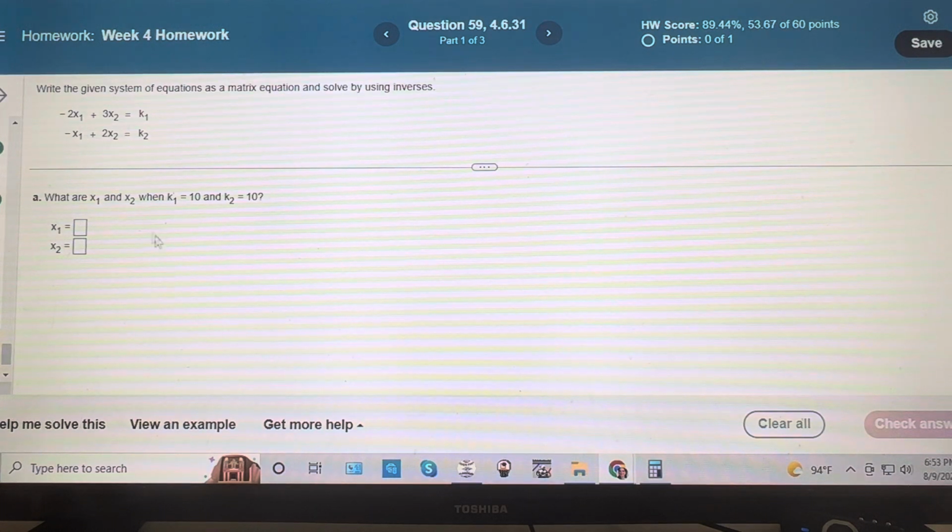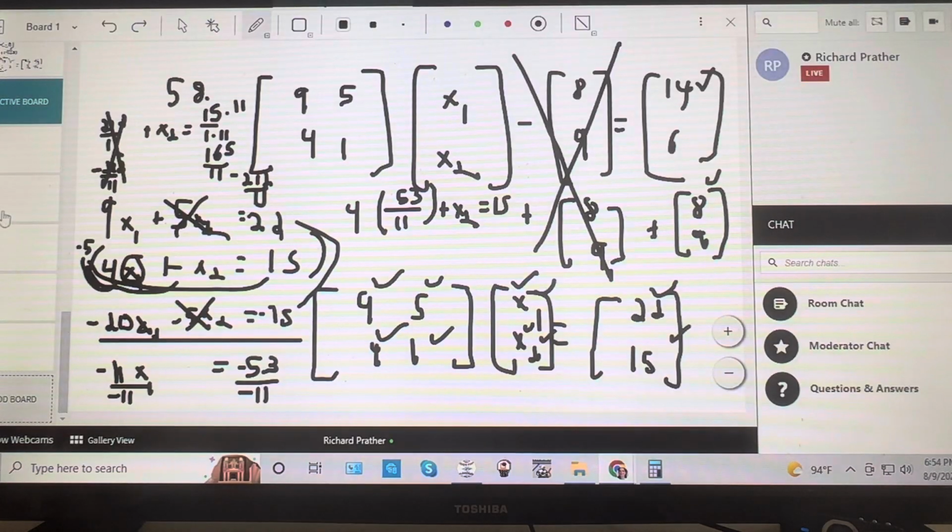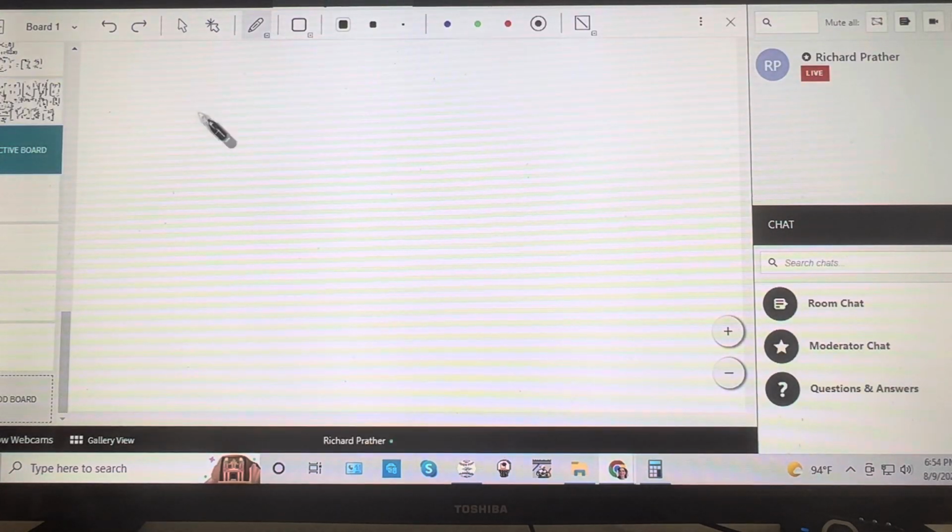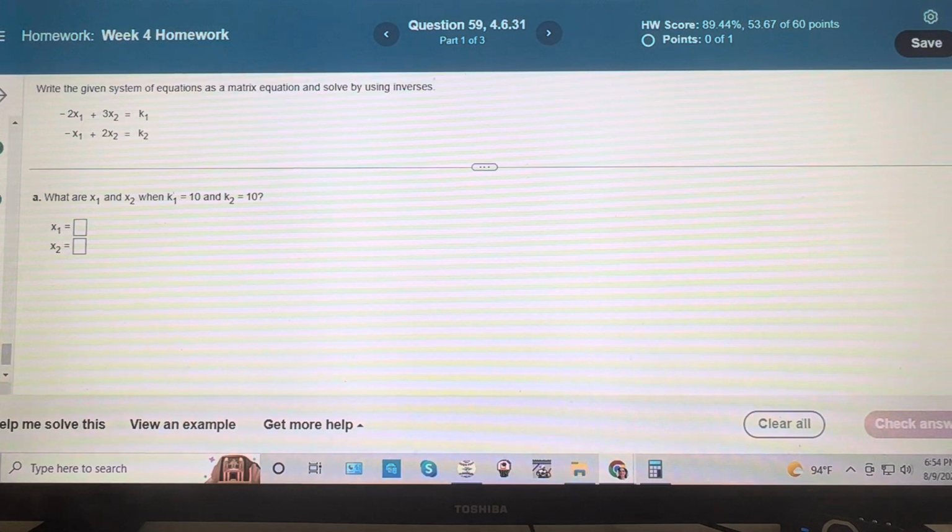Okay, what do we got here? Write the given system of equations as a matrix and solve using inverses. Okay, so now they want me to, what are x1 and x2? Okay, oh, they're giving me numbers there. That's weird. Why don't they just put the numbers in there? But see, this is again a case where if you did it the normal way, nobody's going to know you did it this way.